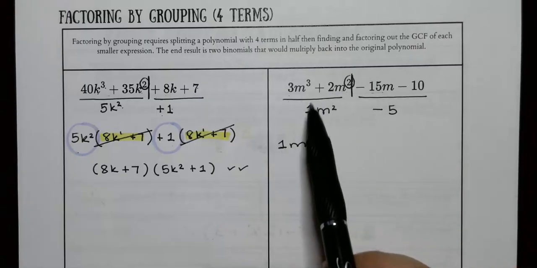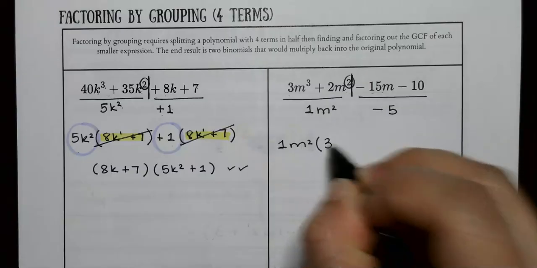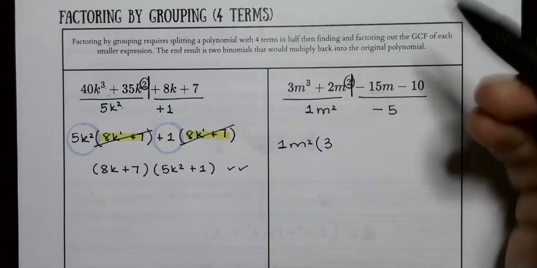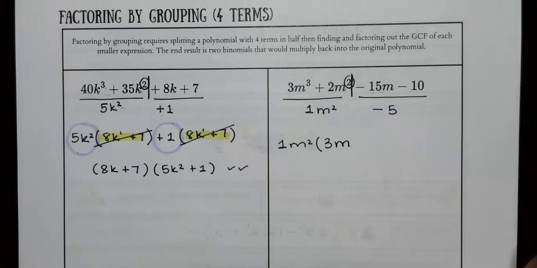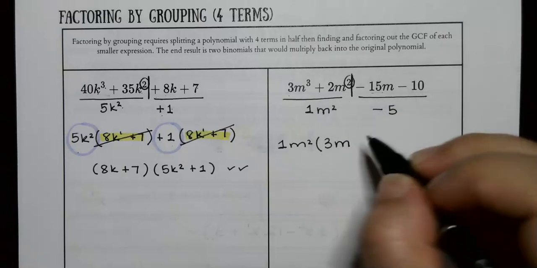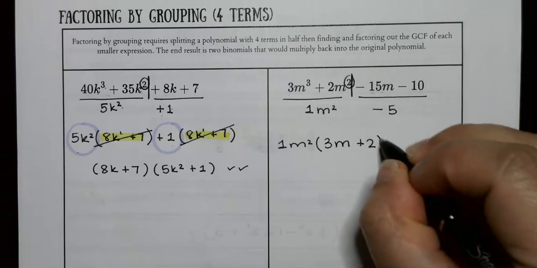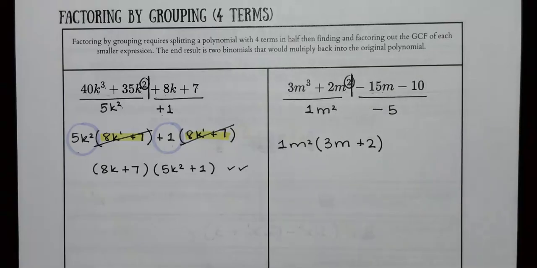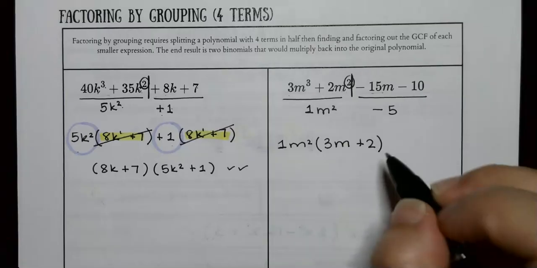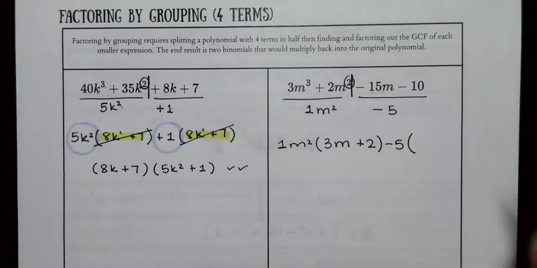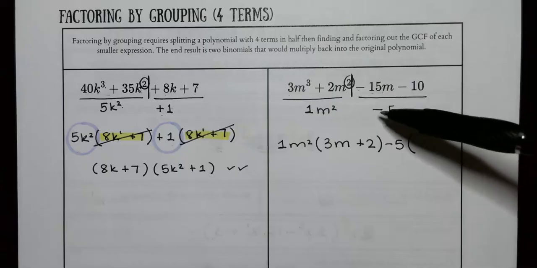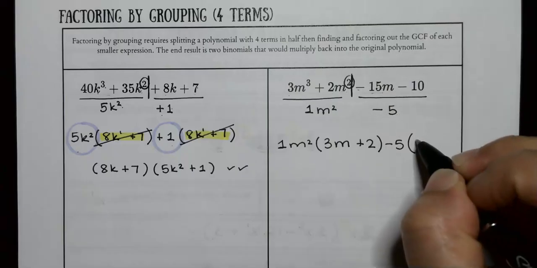Let's divide. 3 divided by 1 is 3. 3 minus 2 is 1. 2 divided by 1 is 2. 2 minus 2, 0. All right, bring down not just the 5, but the negative 5. Open parentheses. Negative 15 divided by negative 5 is a positive 3.